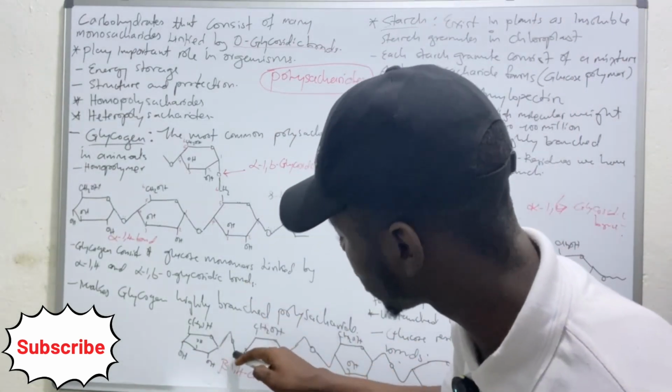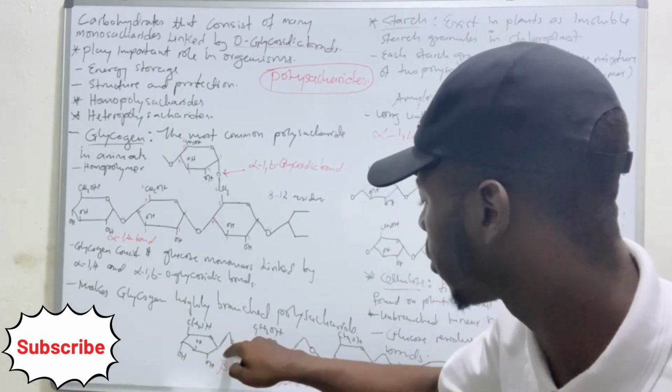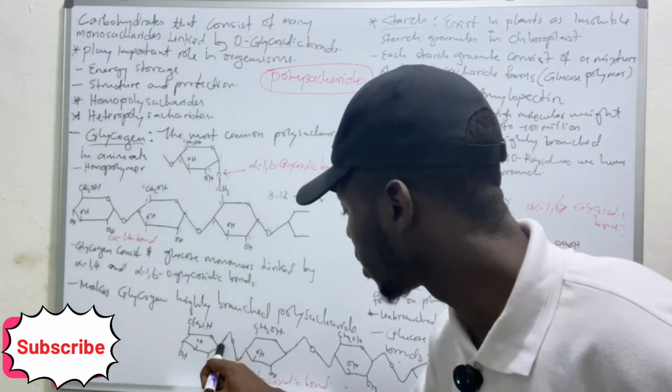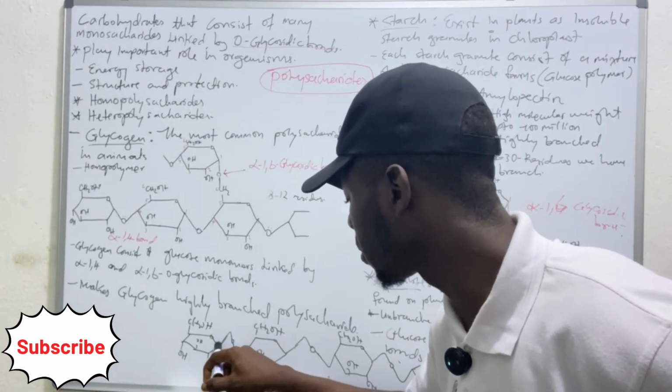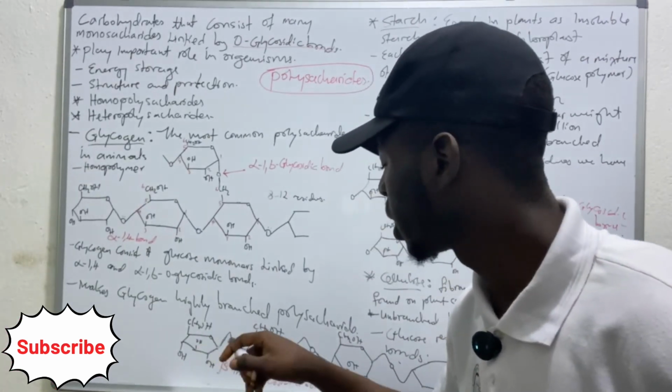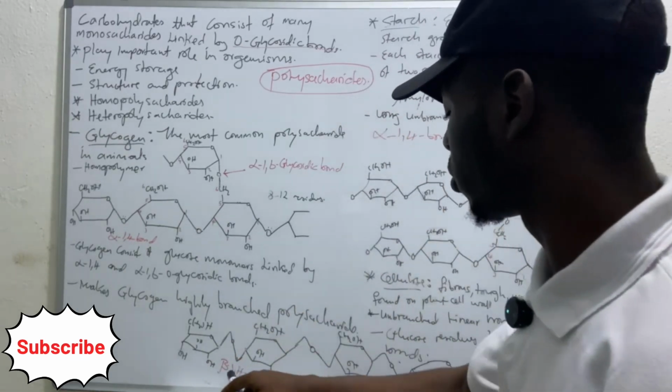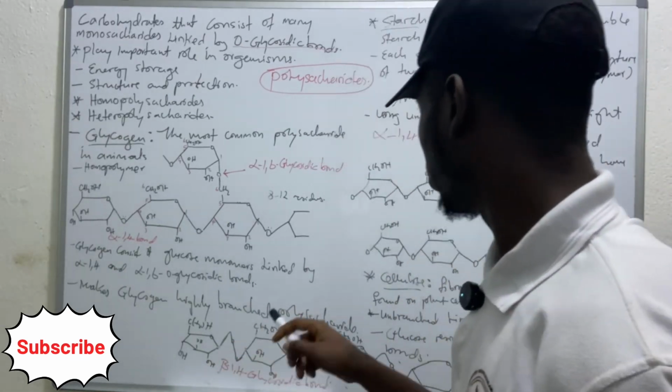This is the kind of bond that is formed there, which is the beta-1,4 glycosidic bond. The beta-1,4 indicates that the hydroxyl group is coming from the anomeric carbon of the first glucose residue, and the hydroxyl group of carbon 4 of the next glucose residue gives you this beta-1,4 glycosidic bond.